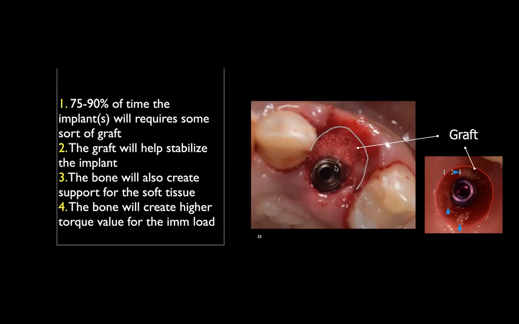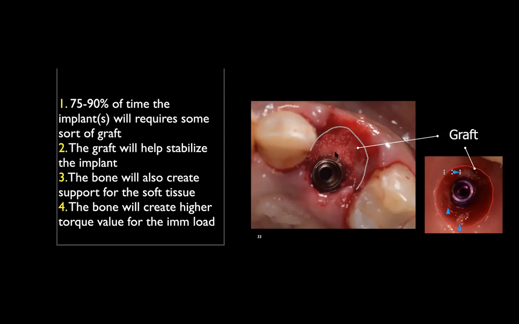Okay. So let's say I don't want to do an immediate loading here, and I put one of these custom healing abutments, and I cover the entire area, if you leave the space open, that will fill up, okay? And if that's the case, what do I need this graft for, okay?